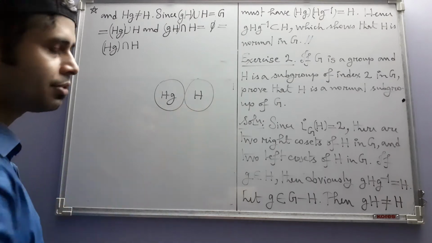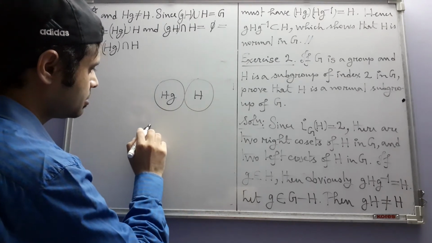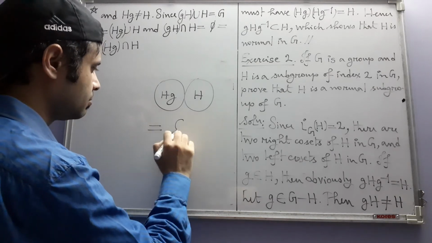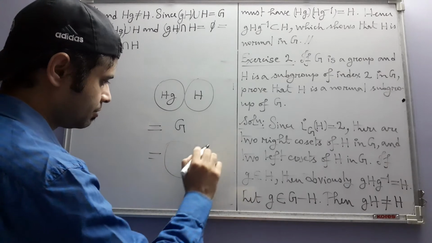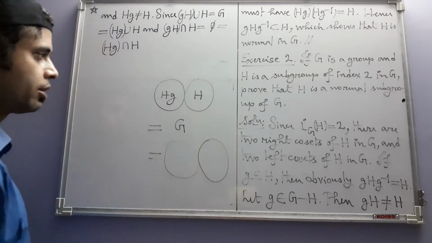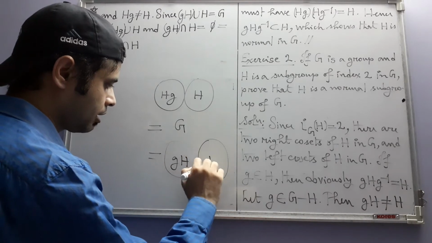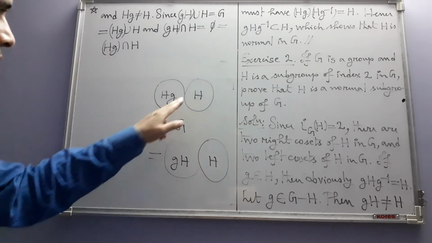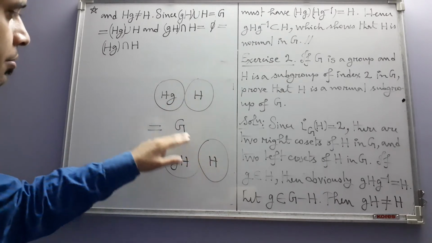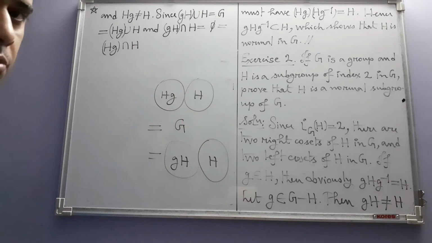That's why I have drawn them like this, and their union is G. At the same time, you have two disjoint left cosets also, gH and H, and their union is also G. Since these two are equal, because of this equality, these two also have to be equal.